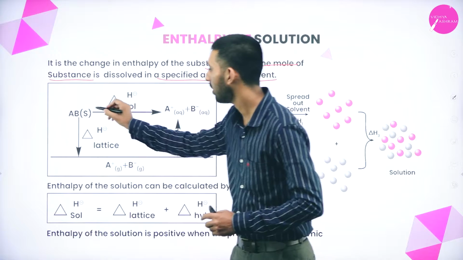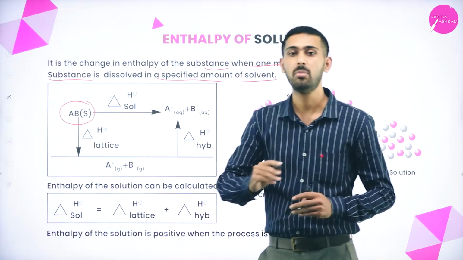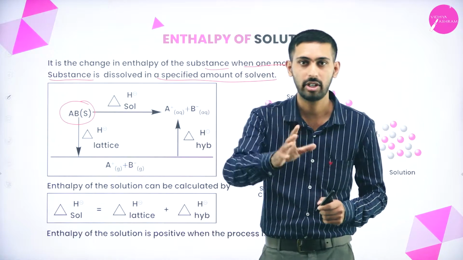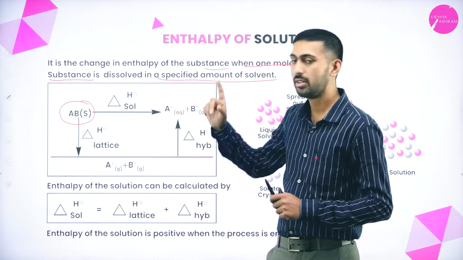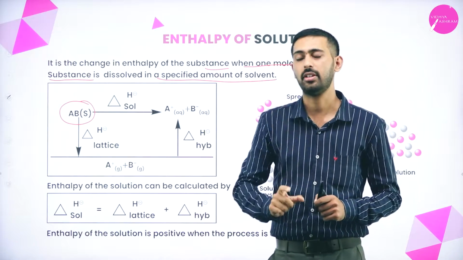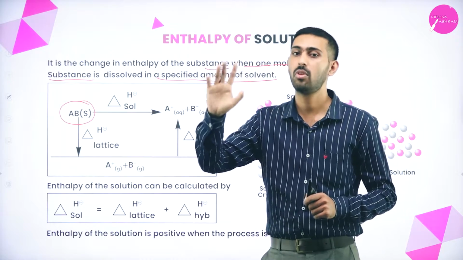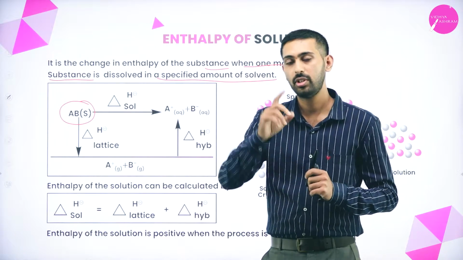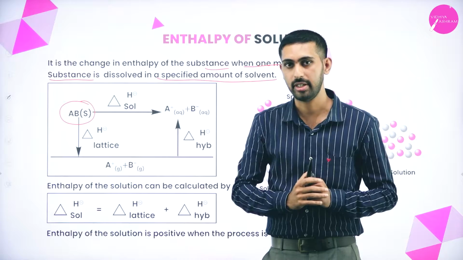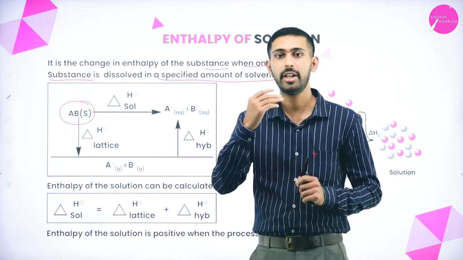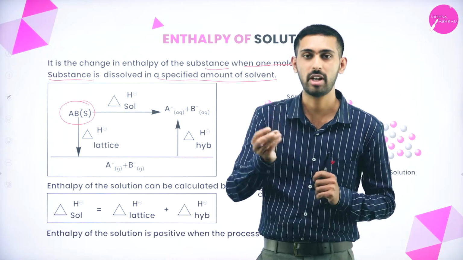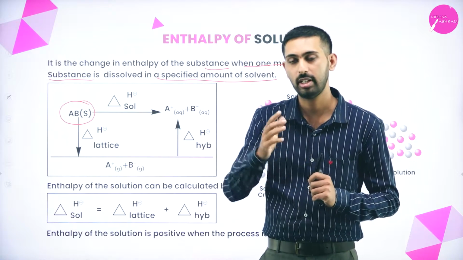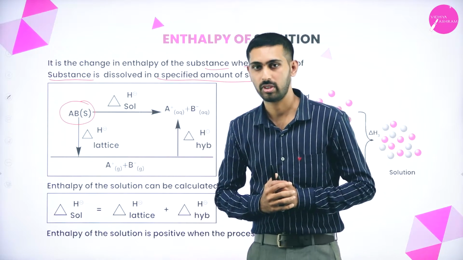Let us take one example. Let us take sodium hydroxide dissolved in water. They have said specified amount of solvent, and here the solvent is water. If you take 1 gram of sodium hydroxide in the solid state, you should add around 10 ml of water, the solvent.